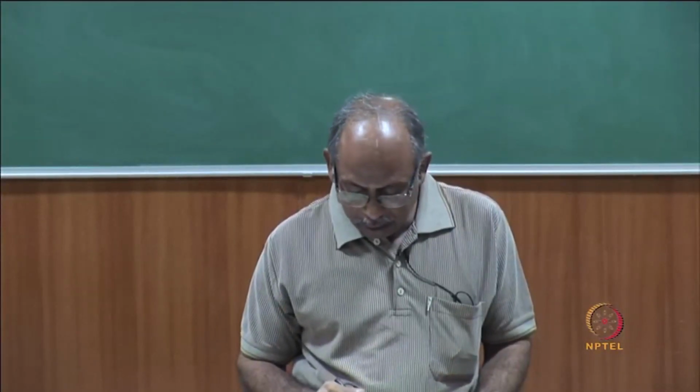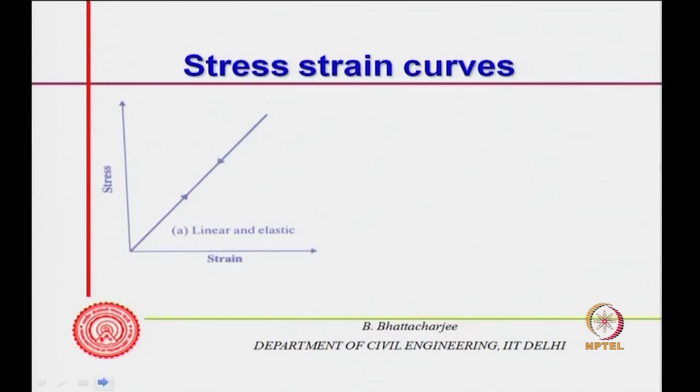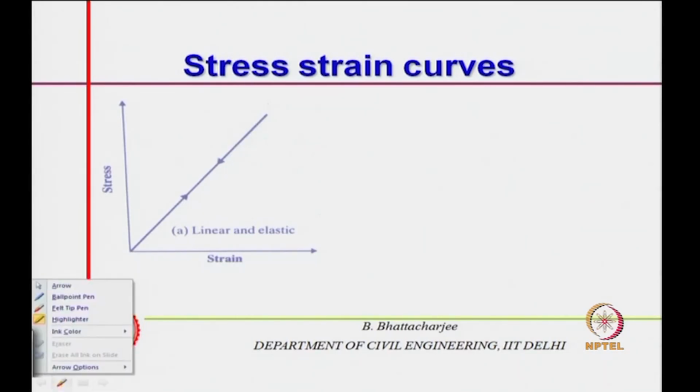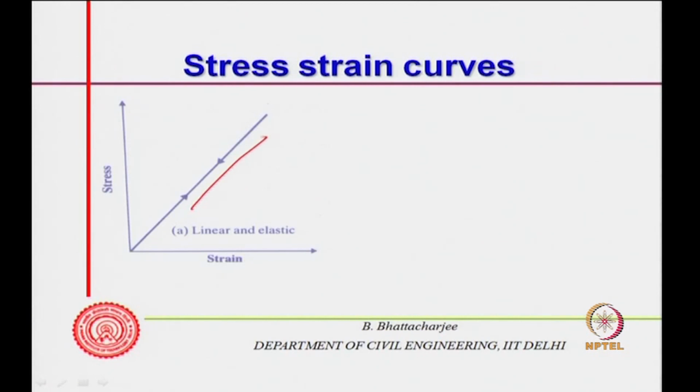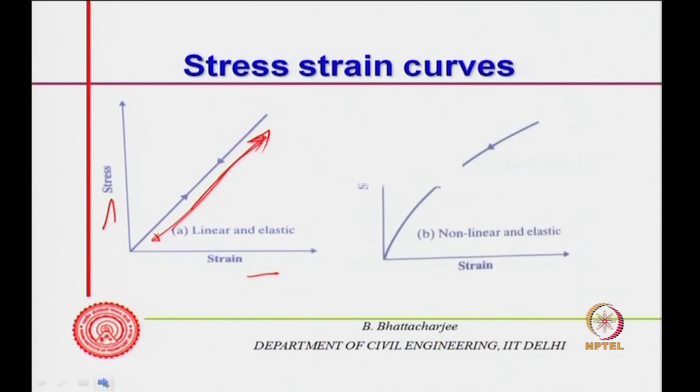First, a simple linear and elastic material: it will follow this stress strain curve during loading, and when you unload it, it comes back to the original with no residual strain remaining. This is nonlinear and elastic. An elastic material will come back to its original state when load is withdrawn, but this is not linear, it is non-linear.